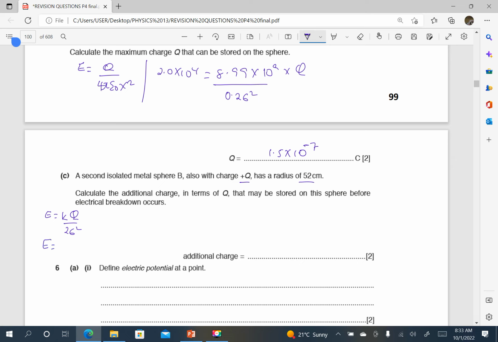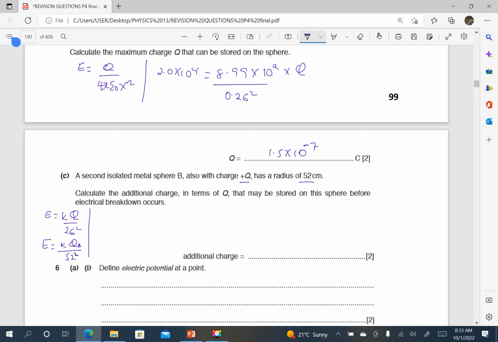For the second one, E is equal to K times the new value of charge, I'll call it charge B, divided by, now the radius is 52 squared. So the value of E is going to be the same, because electrical breakdown occurs when the electric field strength exceeds 2.0 times 10 power 4.